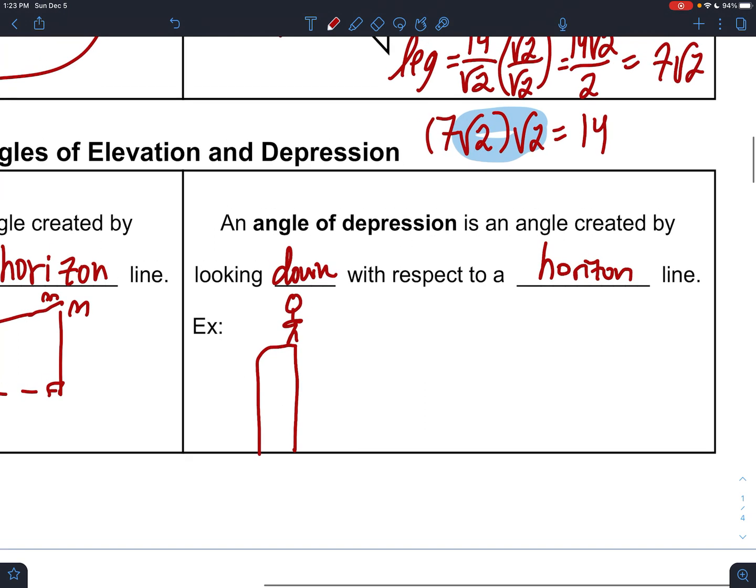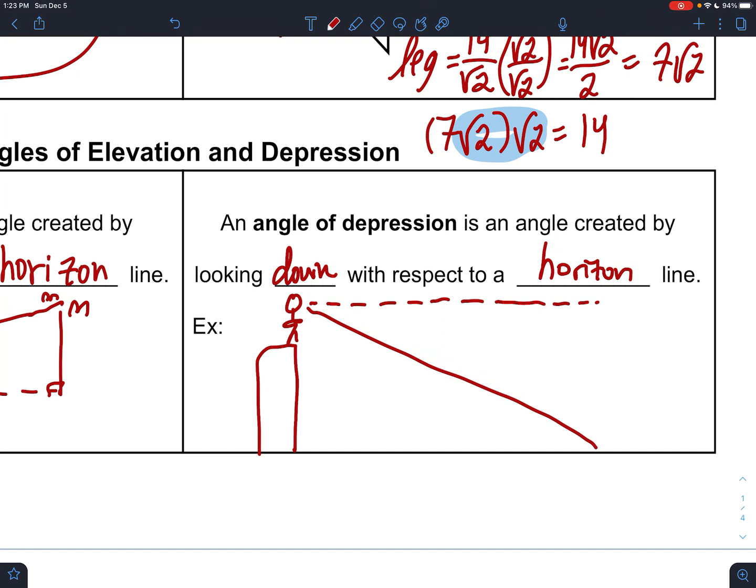So now imagine I'm standing on the top of a cliff or a building, and my horizon line again is a dotted line looking straight out, horizontal. But if I see a garbage truck down here, right? This is my angle of depression.